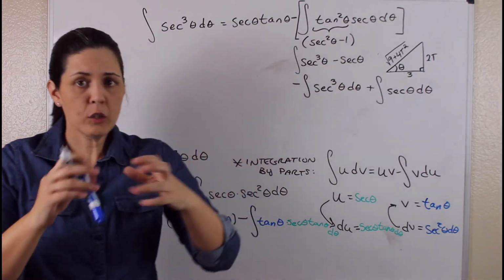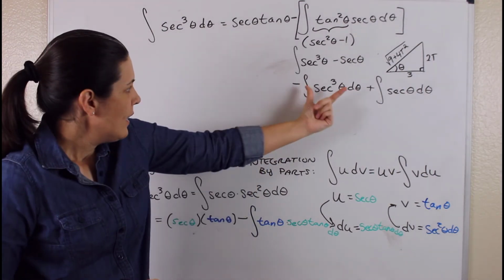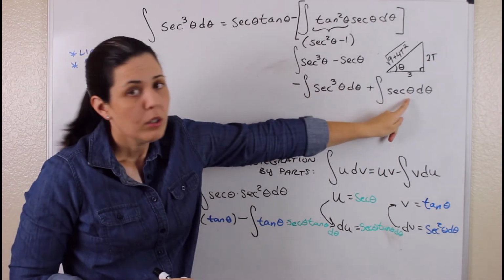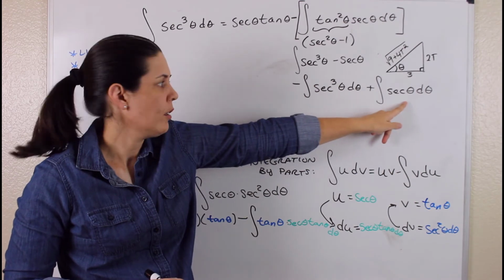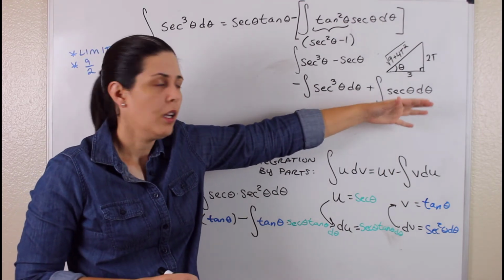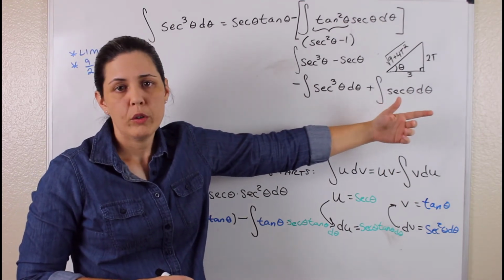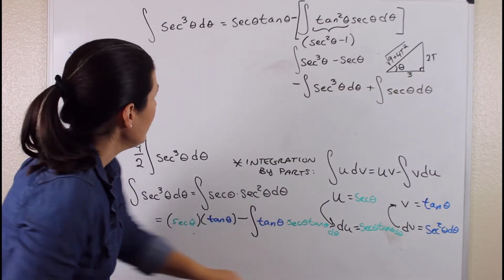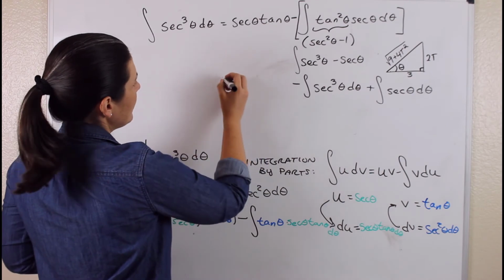These are the 2 integrals we're left with to figure out. This complicated one, we actually get to just move it over, and this one, we know this one. Either you know it because you've memorized it, or you can derive it, or you have a table available to know this one.